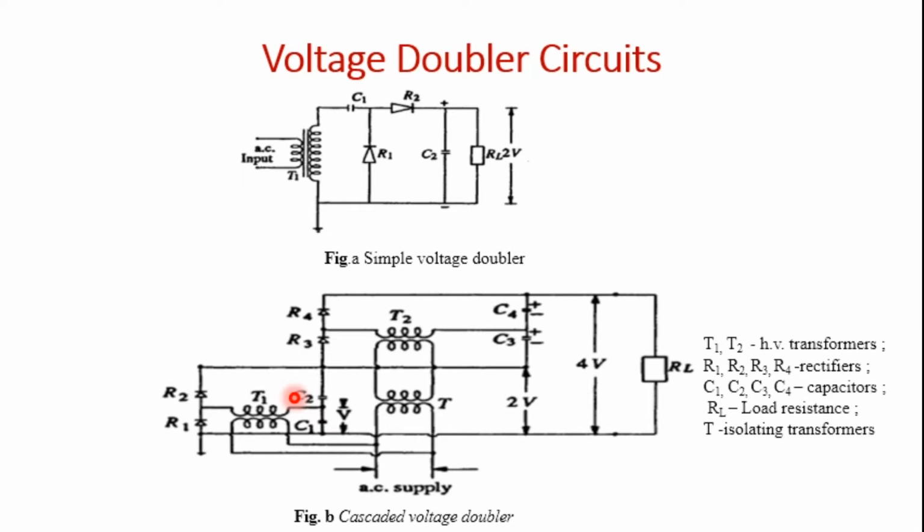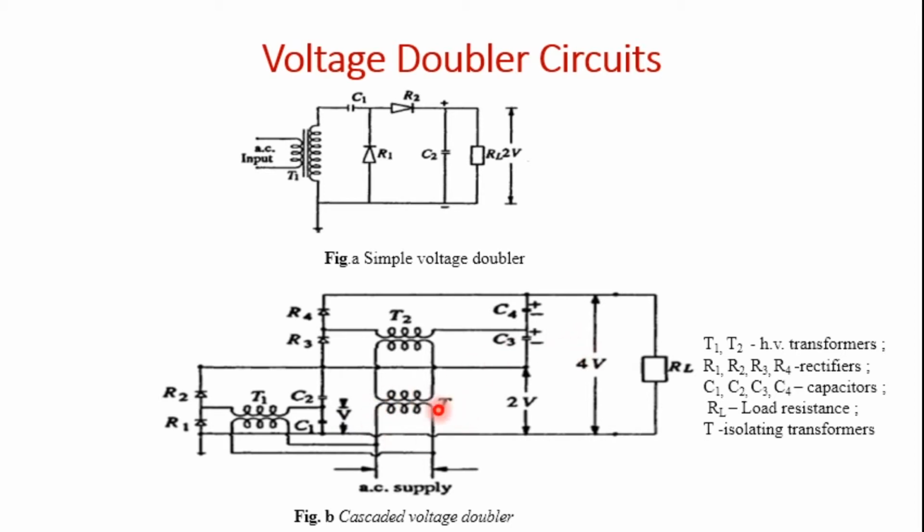The rectifiers R1 and R2 with the transformer T1 and the capacitors C1, C2 are duplicated and connected in series or cascade to obtain further voltage doubling to 4V maximum.